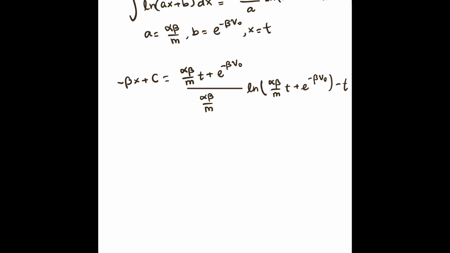now we just have to apply our initial conditions, which is at time equals 0, x is equal to 0. So we're just left with c equals e to the negative beta v naught. And then I'll bring up the alpha beta over m.